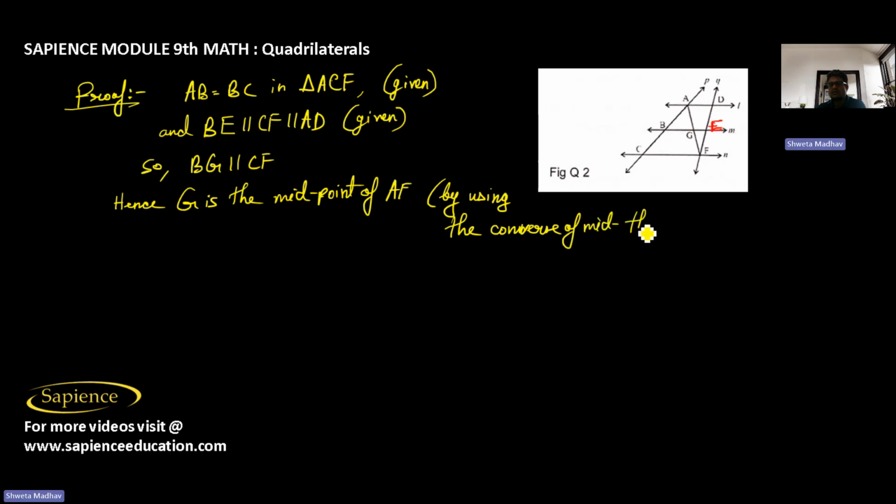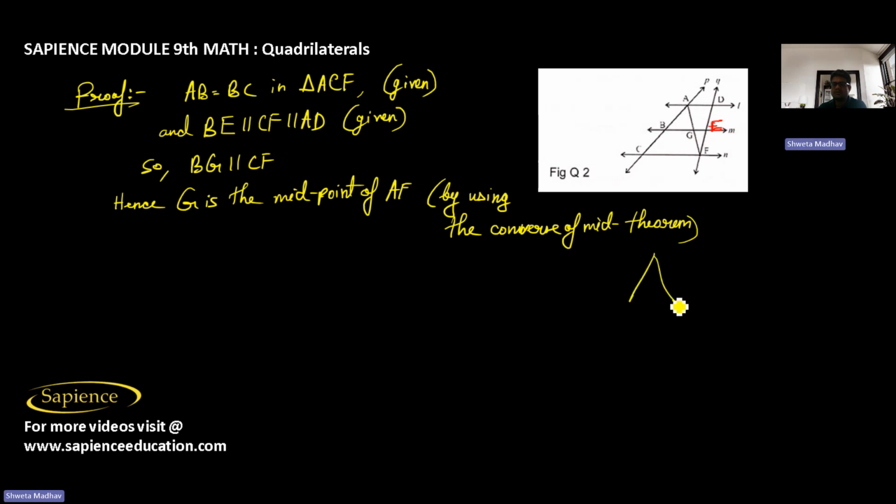Since the converse of midpoint theorem says that if a line is drawn through the midpoint of one side, which is parallel to the third side, then it will also intersect the midpoint of the other side.